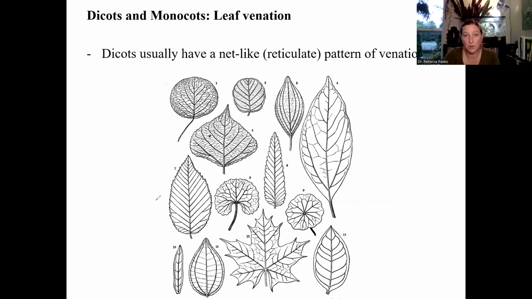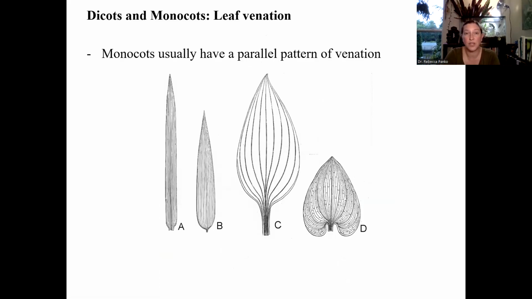And there's just some examples here on this slide. Whereas monocots usually have parallel venation.